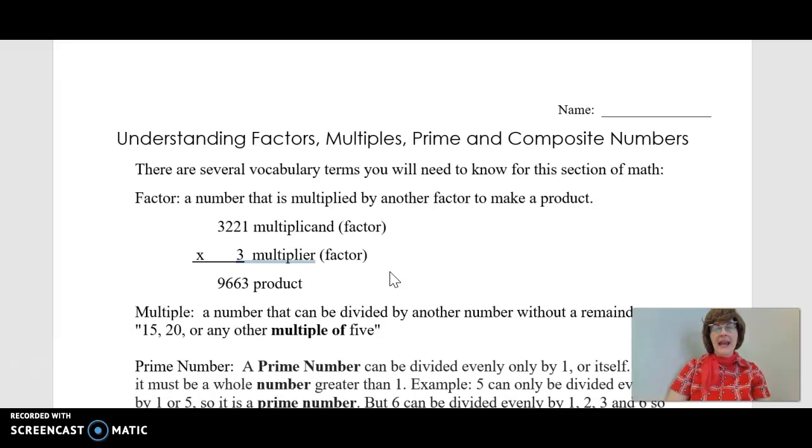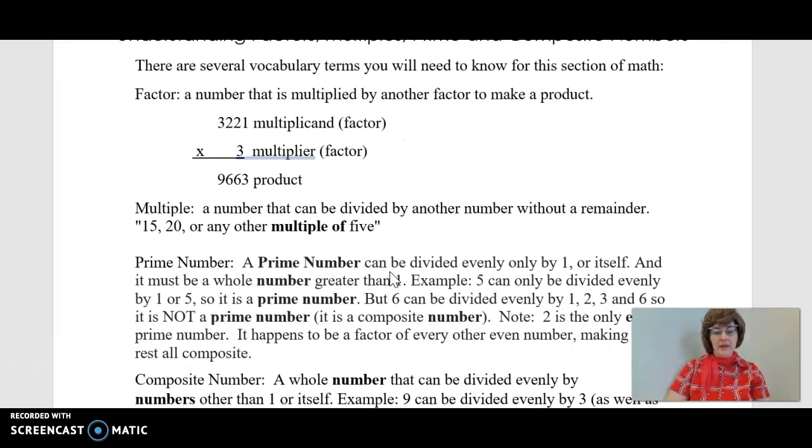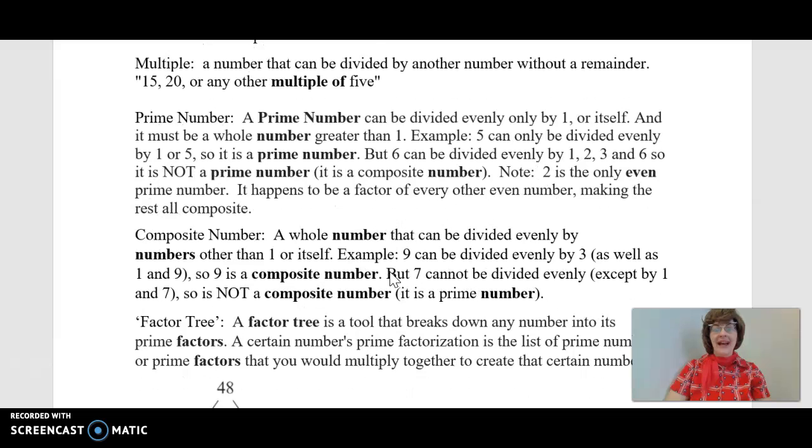In this case, you can see that we have two factors and that when multiplied together, we get the product. Now, a multiple is a number that can be divided by another number without a remainder. For example, 15, 20, or any other multiple of 5. A multiple relates back to factors, right?